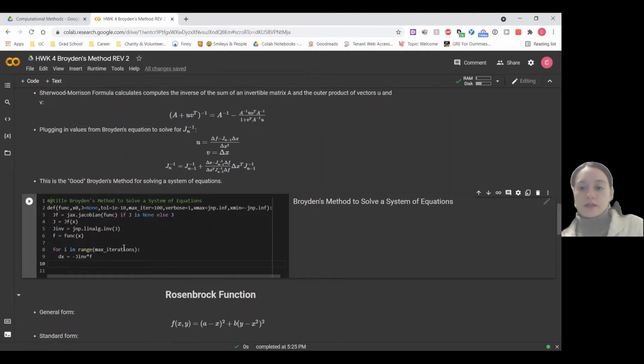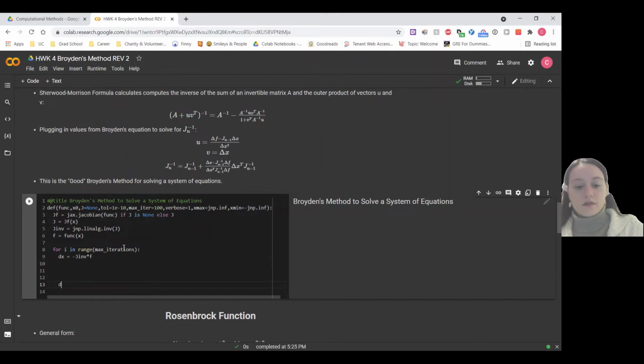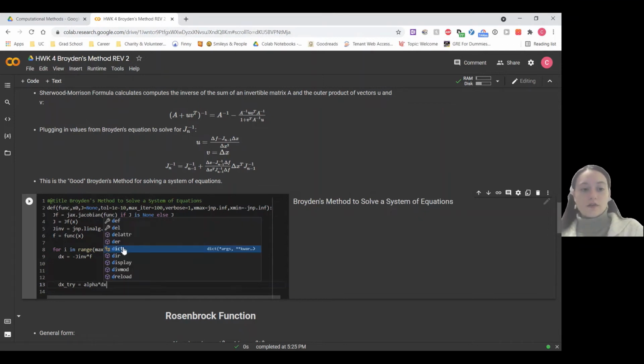So for each iteration, if we're too close to the edges, instead of regular dx, it'll be dx times alpha, a fraction of our normal dx.